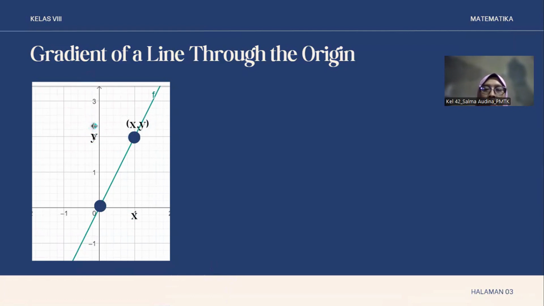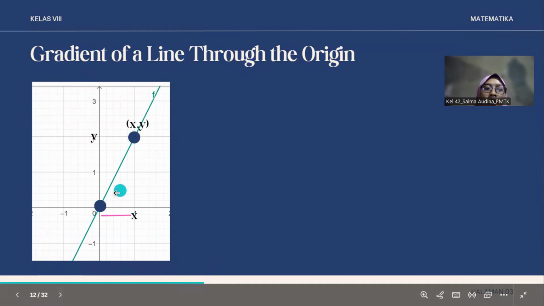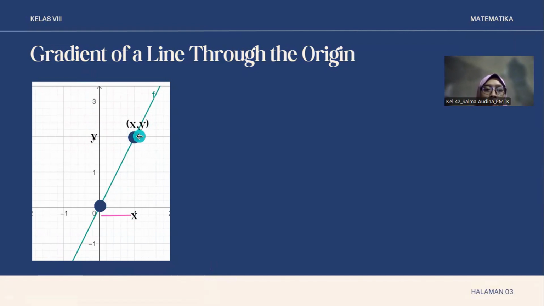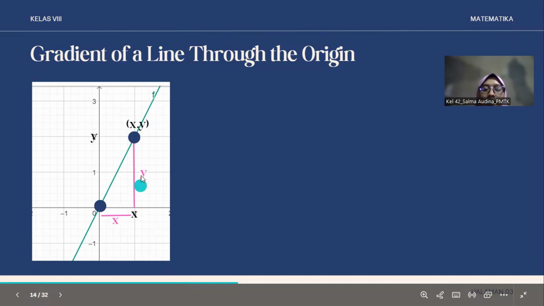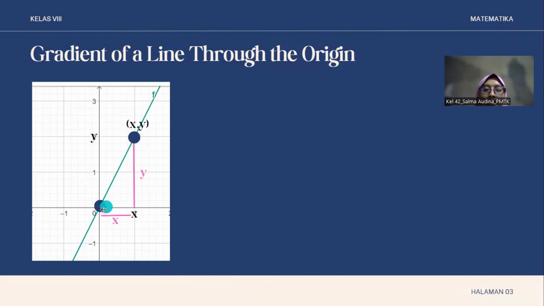This means the horizontal distance from the origin 0, 0 to the point x, y is x, and the vertical distance from the origin to point x, y is y.